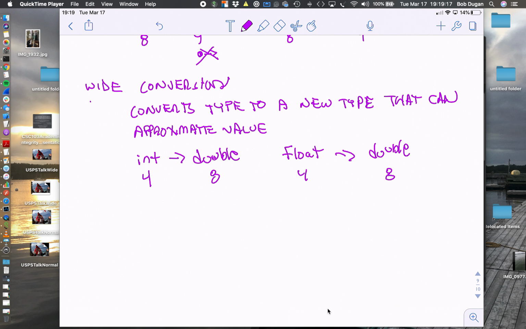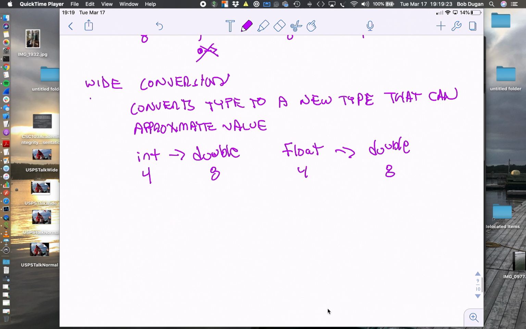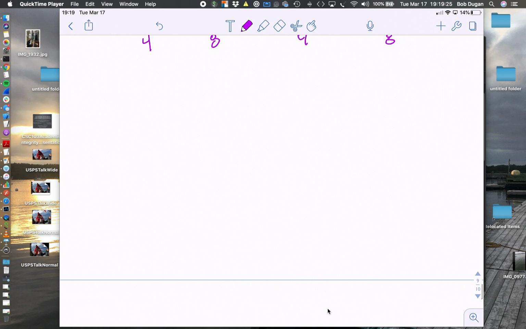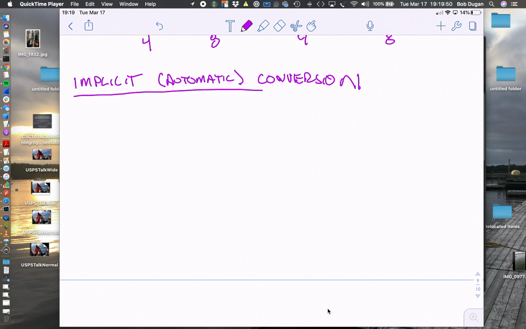Now, these type conversions can happen in a couple of different ways. So the type conversion can be implicit, which basically means that there's an automatic conversion. So you don't even ask for it, but it's going to happen. And then there's also an explicit, which we'll talk about in a second. All right, so here's how an implicit conversion gets set up.